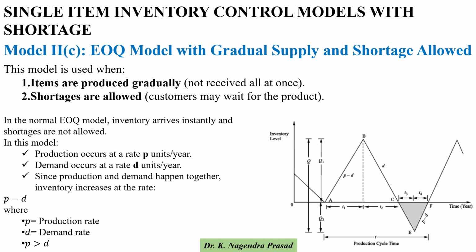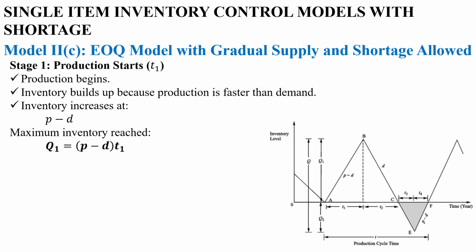Since production and demand happen together, inventory increases at the rate of P minus D, where P is the production rate and D is the demand rate. Moreover, the production rate is greater than the demand rate, so P is greater than D. This is the schematic representation of the EOQ model with gradual supply and shortage allowed.